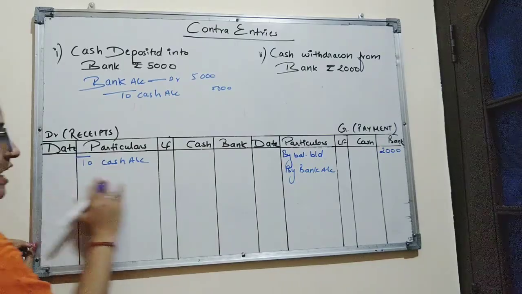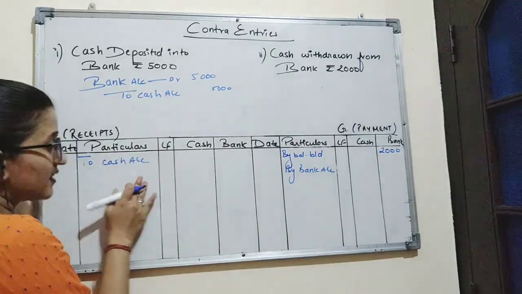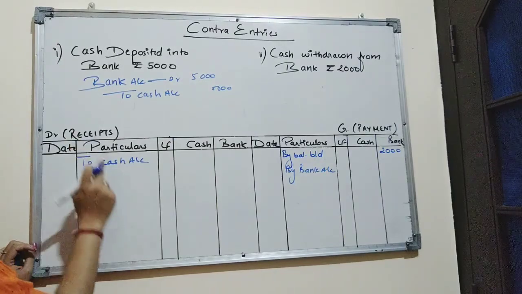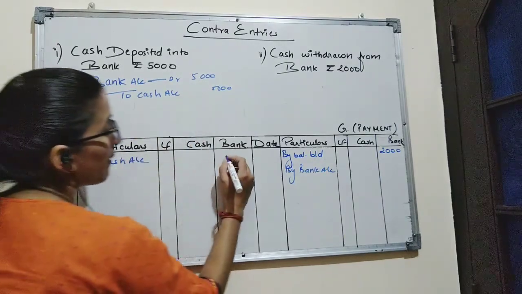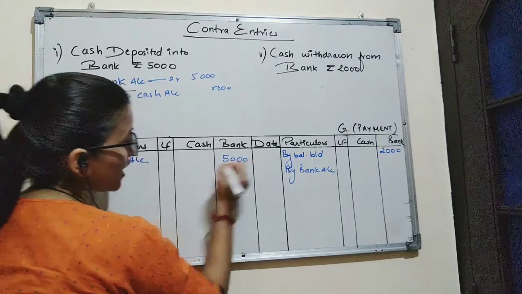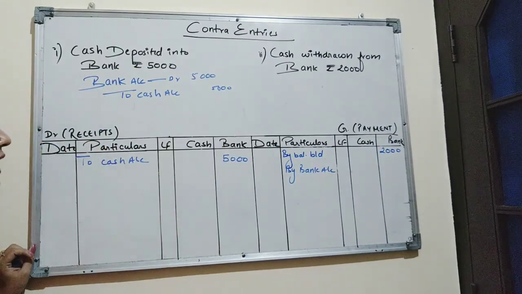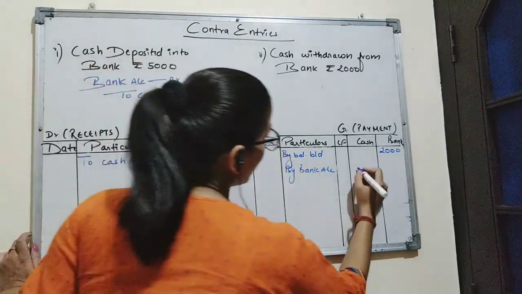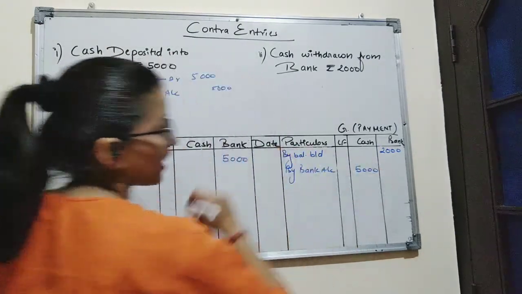Now there is an outflow of cash from the business, that means cash has decreased, so we will record this amount in the bank column because this cash has been transferred to the bank, and in the bank column we will record this amount on the cash side.